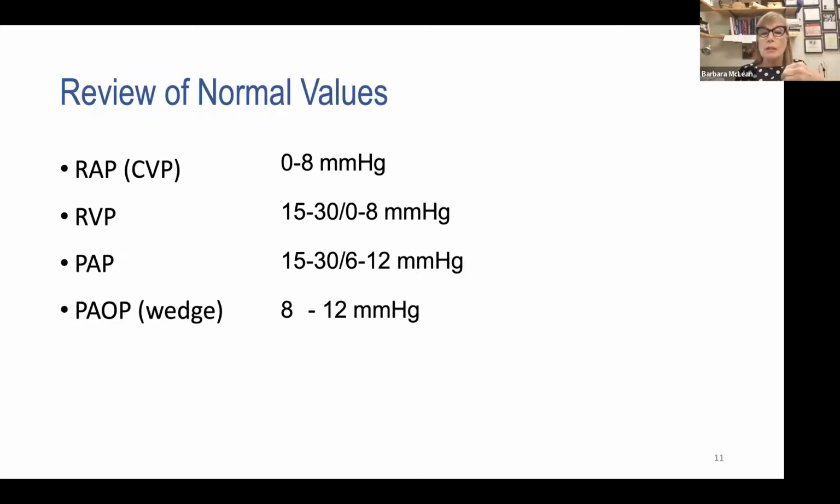And if you're on positive pressure breathing, it might be 8 to 15 millimeters of mercury. And then when we inflate the balloon and the catheter moves forward and occludes the visualization of everything behind, looking only forward, that's your wedge pressure, usually 8 to 12, but it could be a bit higher, could be 10 to 15 if you are on positive pressure breathing.